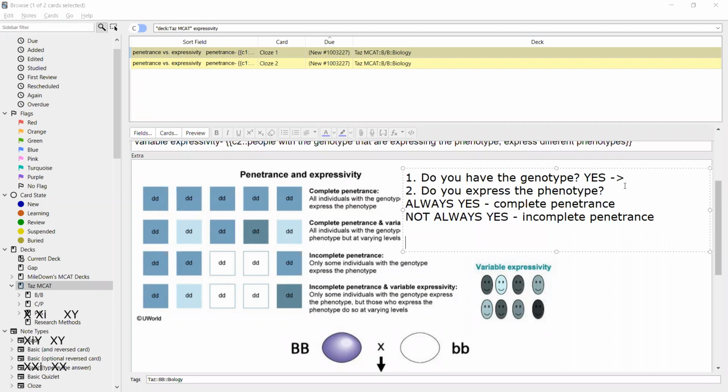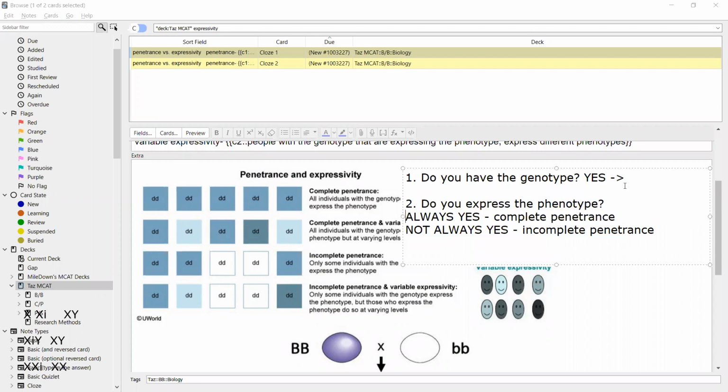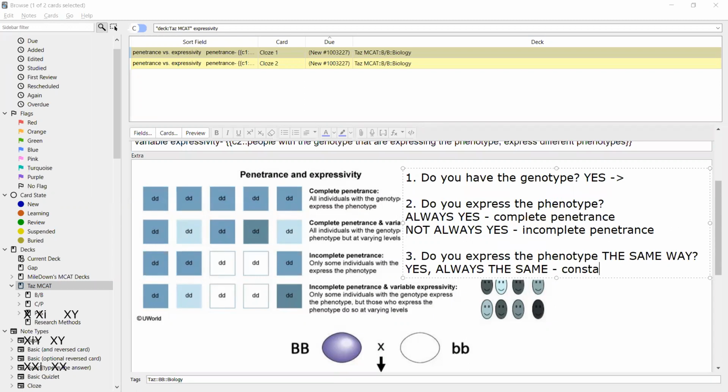Does this part make sense so far? Yeah. Okay. Now we get to: do you express the phenotype the same way always? If it's yes, always the same, then this is called constant expressivity.